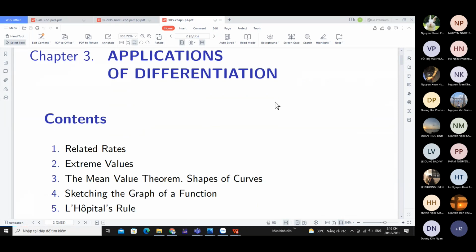All right, can you see the new slide, guys? Yes, we can see it, teacher. All right.